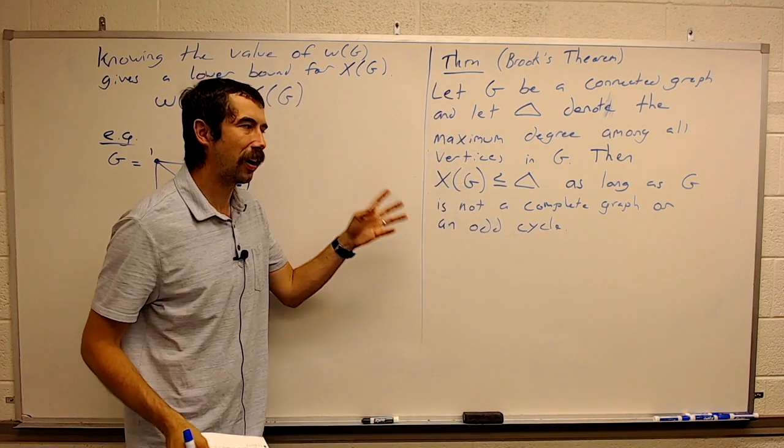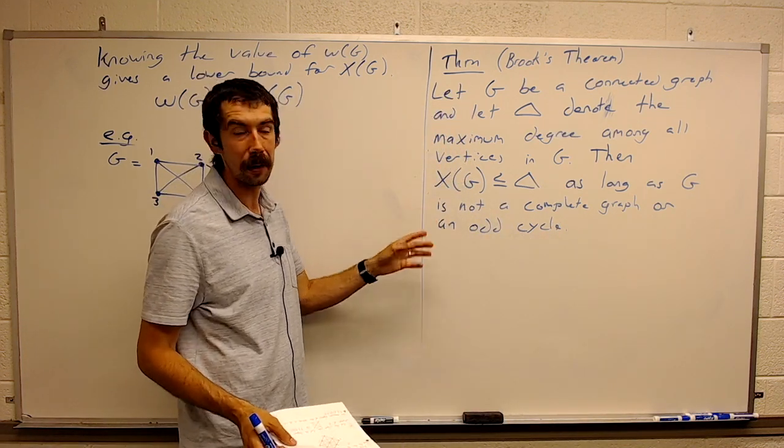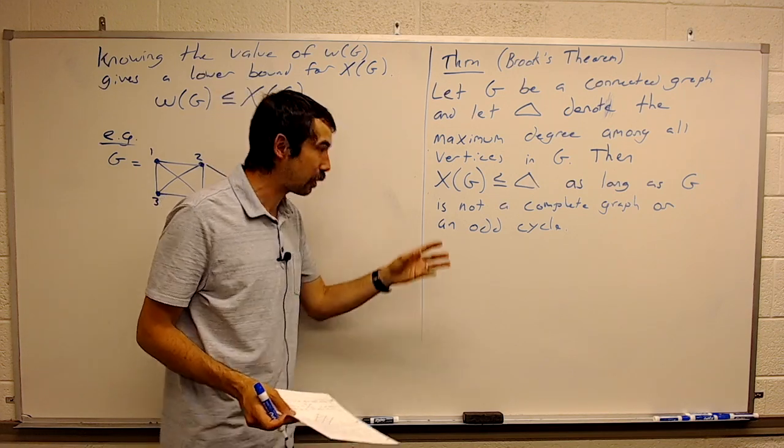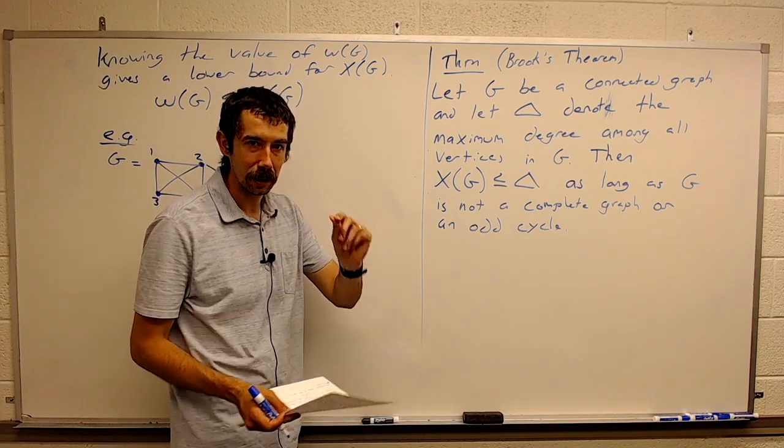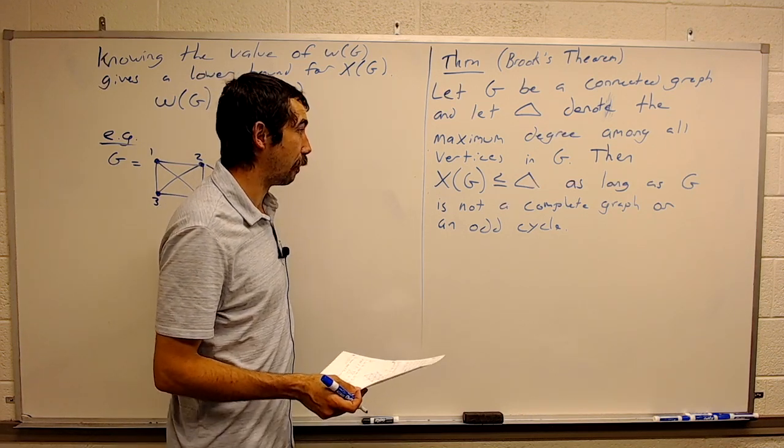Okay, so in these two very special cases, Brooks' theorem does not apply. If we have the complete graph or the odd cycle, we can't use Brooks' theorem, except it finishes it off.